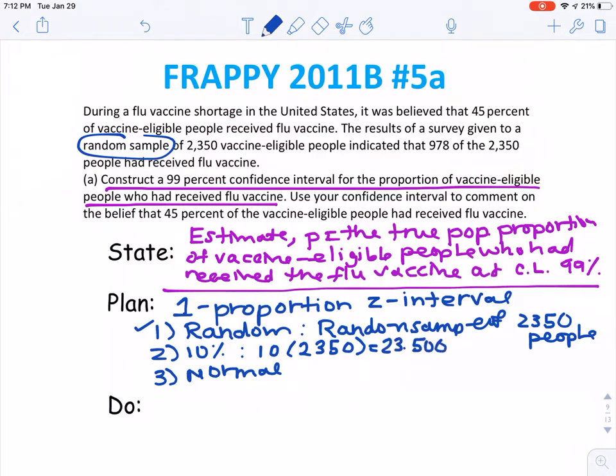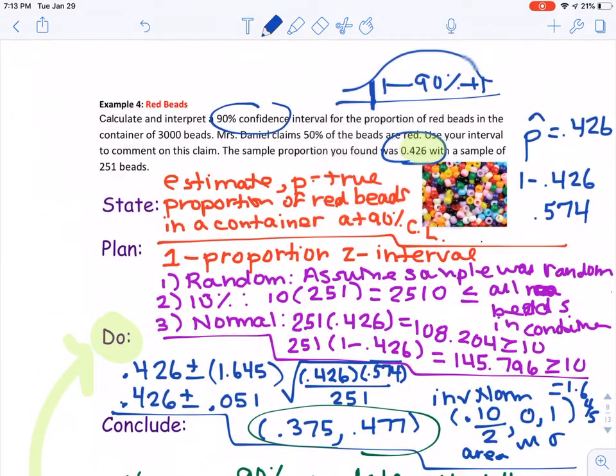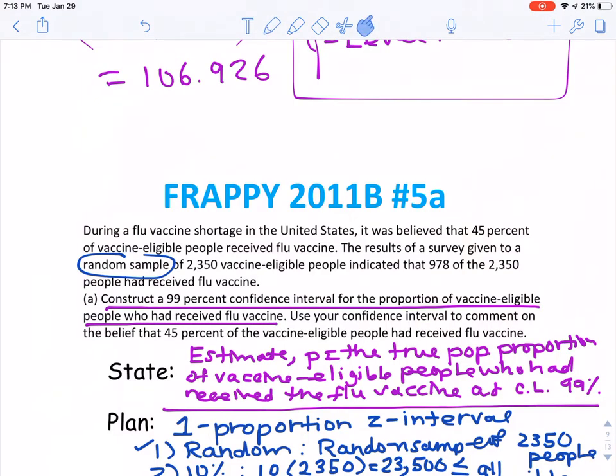So if we multiply that by 10, does it seem realistic that 23,500 people would be less than or equal to all people eligible for the flu vaccine? Okay, and that is probably realistic.